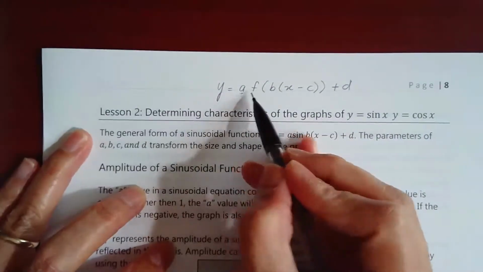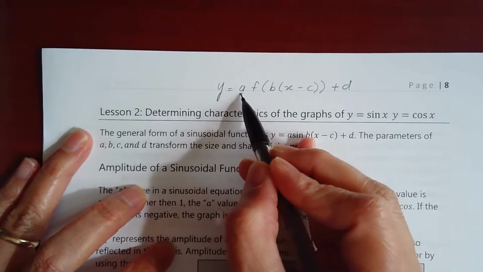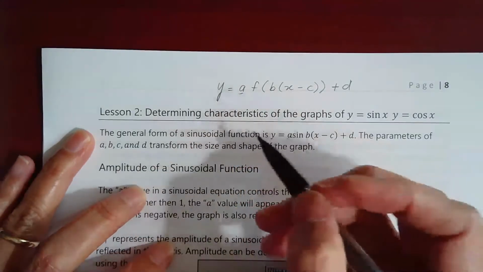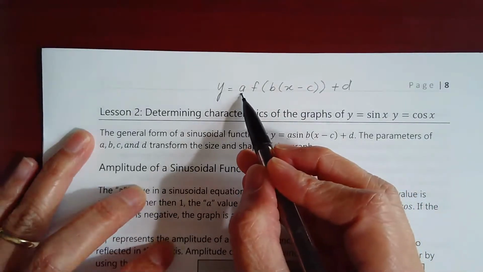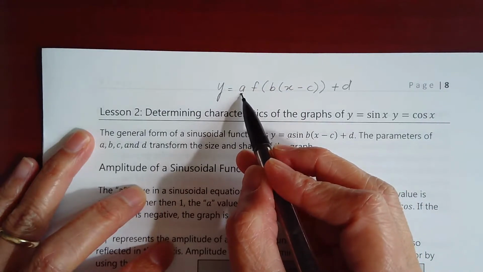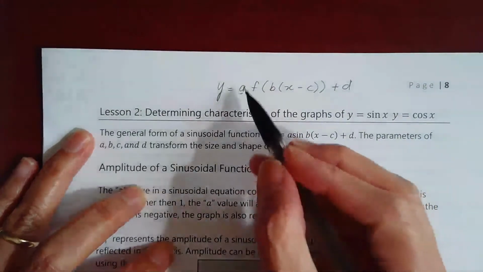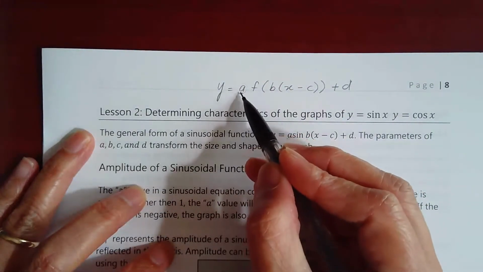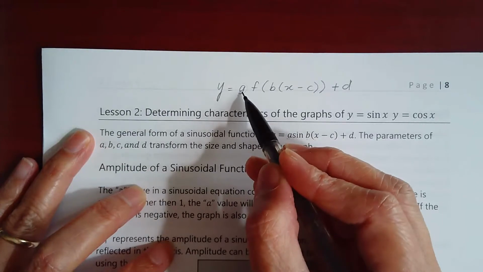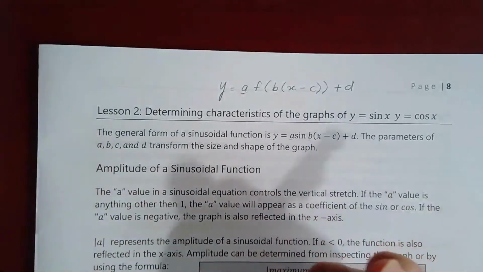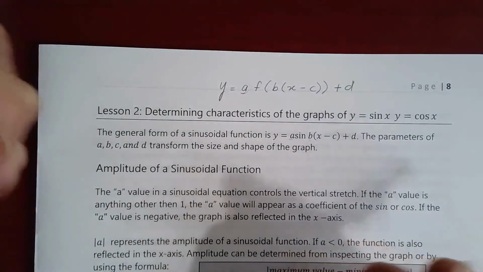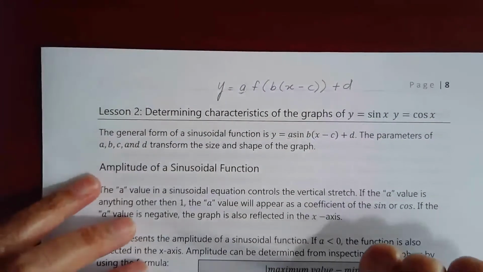Last time we said this a tells us that this is going to be a vertical stretch or a vertical compression. And it will also talk about the vertical reflection. So that's when we talk about transformations. This a value changes the stretching or compression vertically and the reflection vertically.